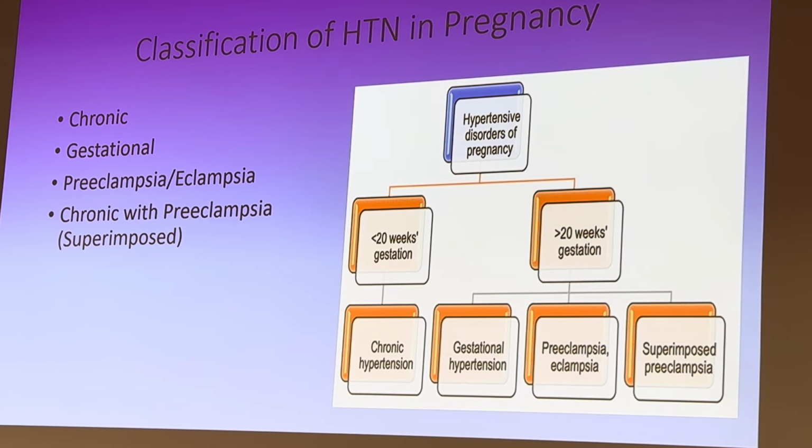If it's 0.3 or higher, it's considered diagnostic for preeclampsia. Your Saunders book will tell you that you don't have to have that PC ratio elevated to have preeclampsia. That is absolutely true, but it's rare. They're just trying to make you understand that you can have preeclampsia without the proteinuria.